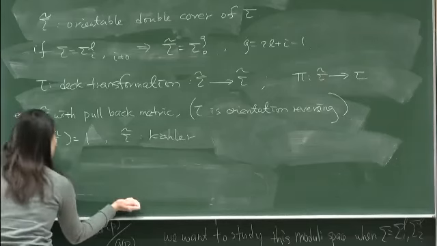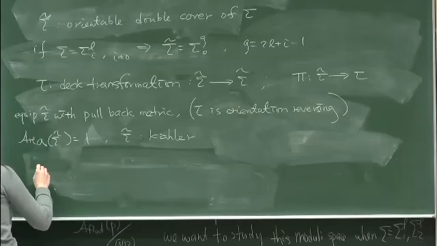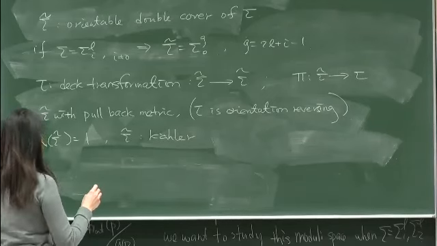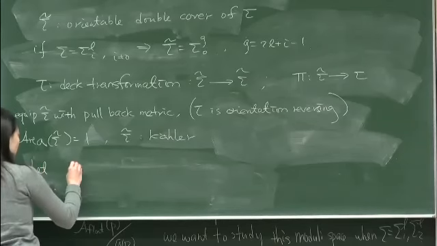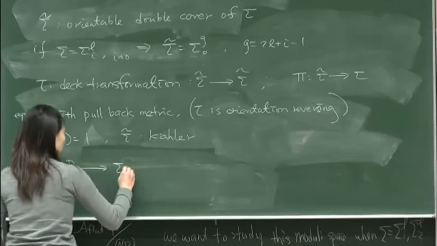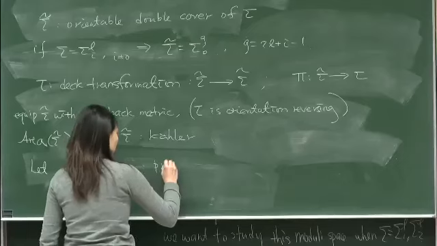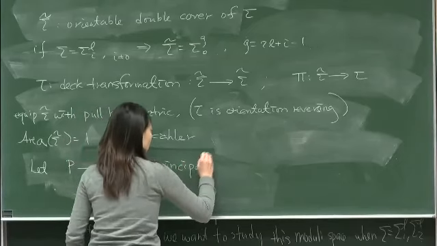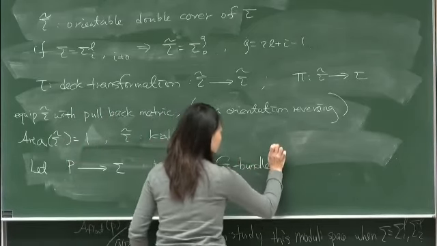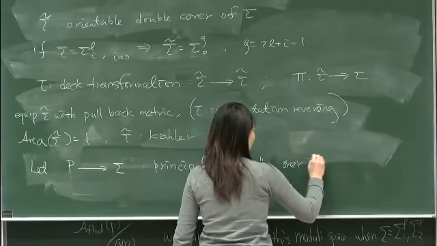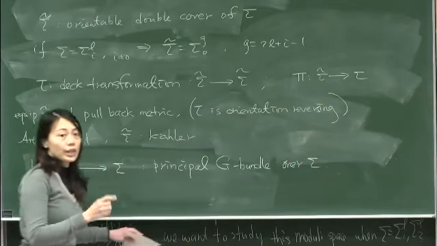Okay, good. So we can look at the bundle. Maybe I will write it. Consider P a principal G bundle over sigma, where sigma is non-orientable.